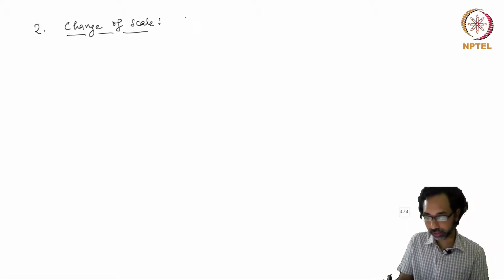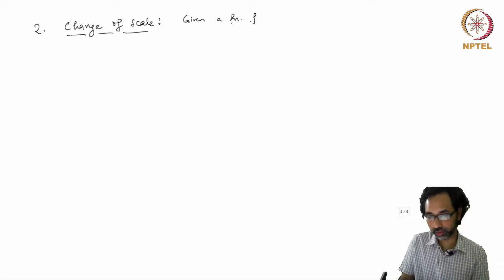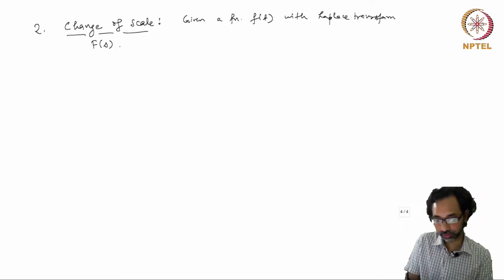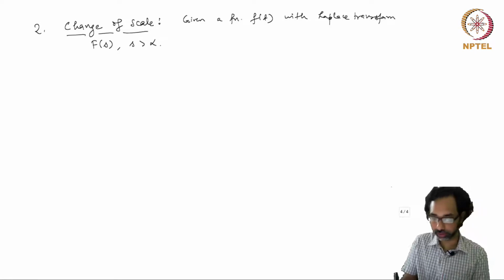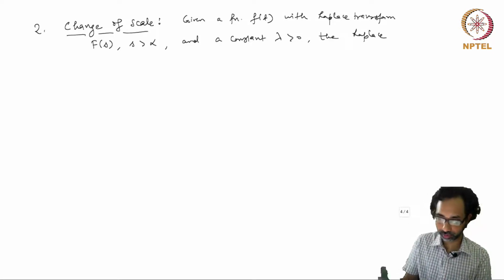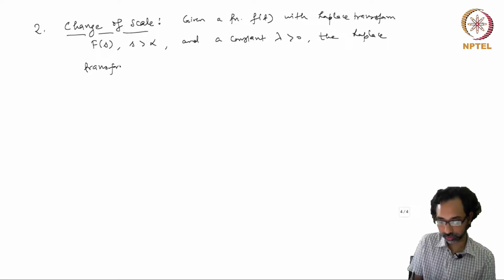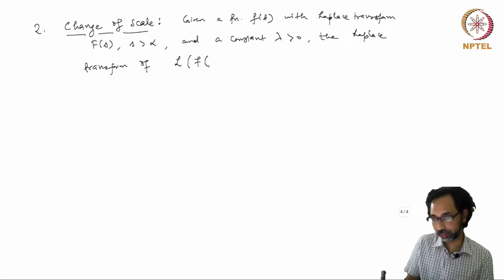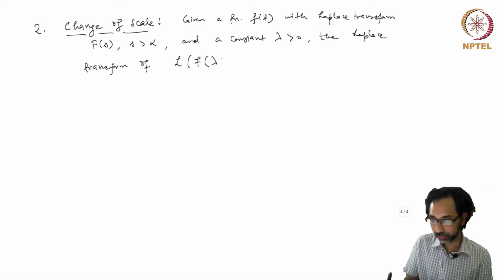The change of scale property says that given a function f of t with Laplace transform F of s for s greater than alpha, let's say, and given a constant lambda positive, the Laplace transform of the function defined by f of lambda times t.